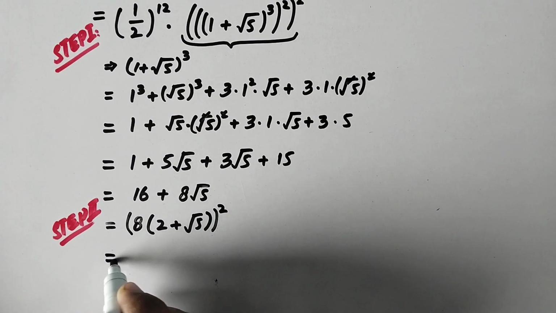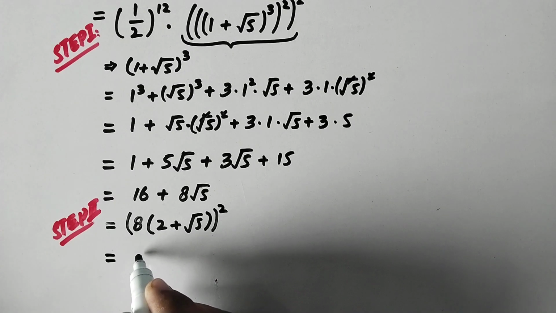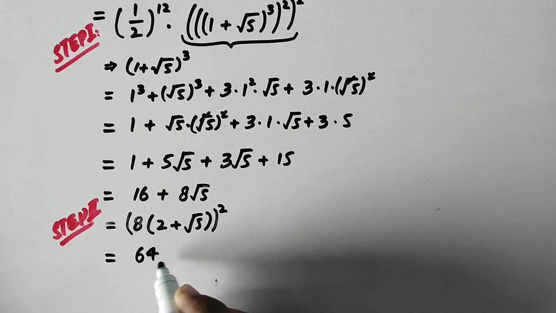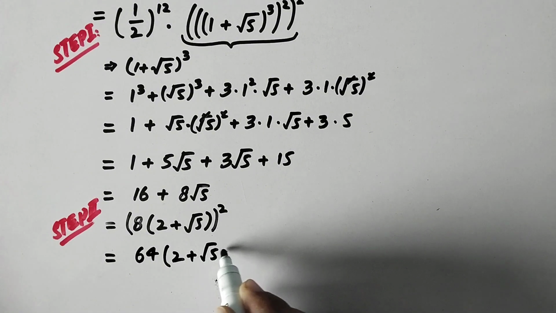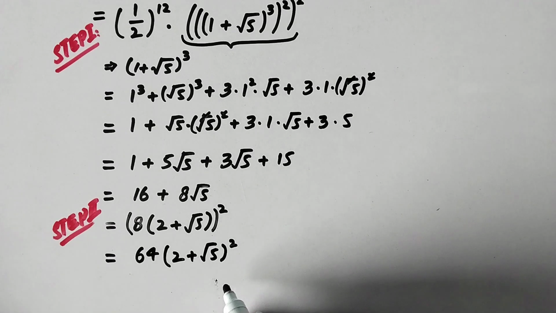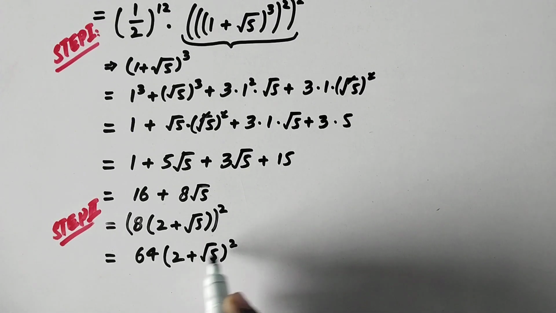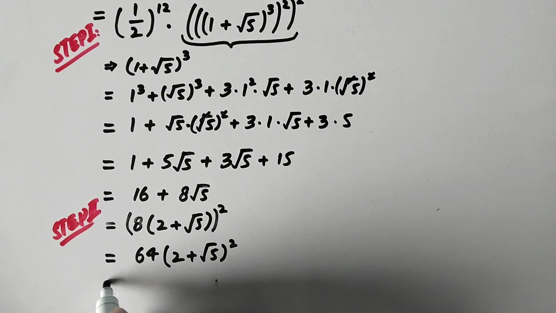Therefore, it will be equal to 8 squared, which is 64, into (2 plus square root of 5) whole squared. And here we can see that this is a complete square, so we can apply the square formula.